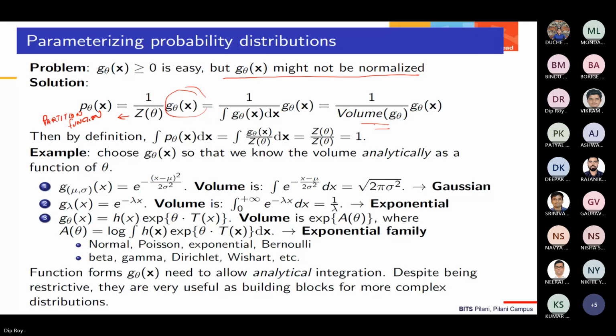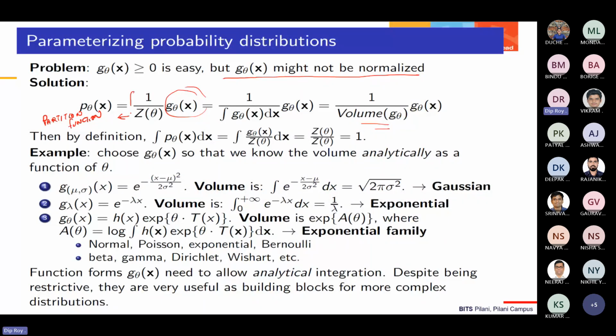Now, by definition, your integral of p theta x is again the integral of this entire thing.